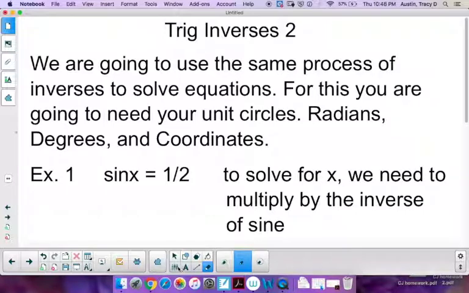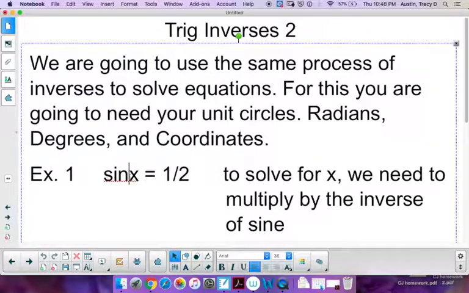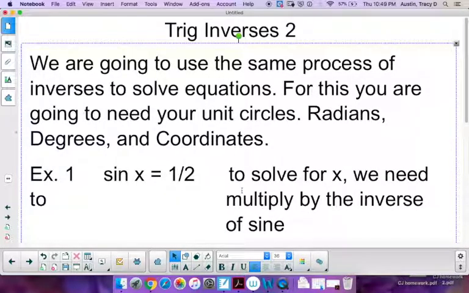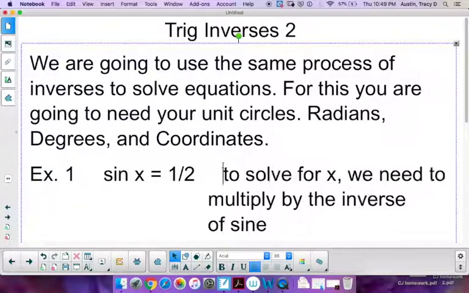So we're going to start with basic equations today. You won't have to do anything more than just basic equations. And then when we get back from the break, we'll do some that are a little bit harder, after we do a little bit of a review.